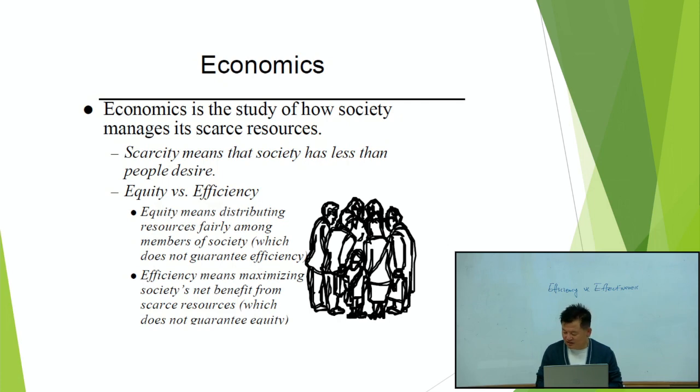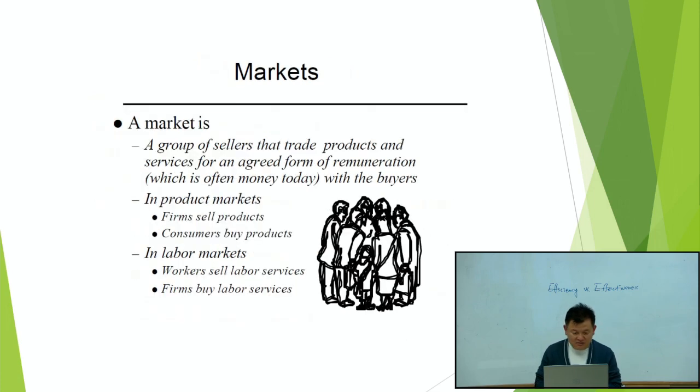This is economics. Okay. And next, I want to give you information about markets. A market is a group of buyers and sellers that trade products and services, a very normal concept, for an agreed form of remuneration, which is often money. So mostly we say it is an invisible place with buyers and sellers.